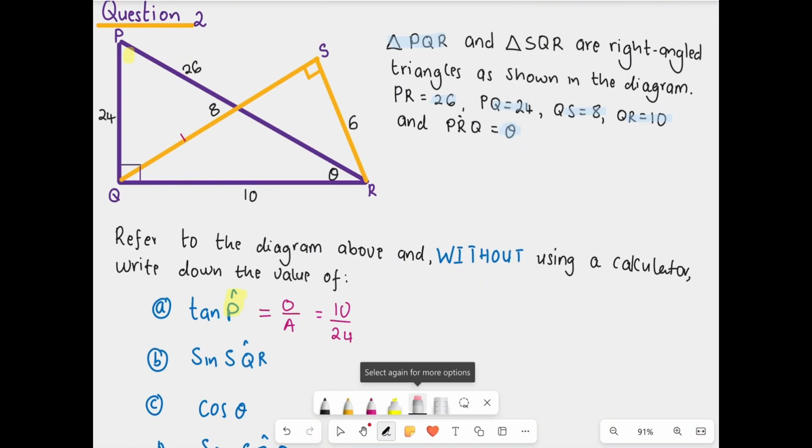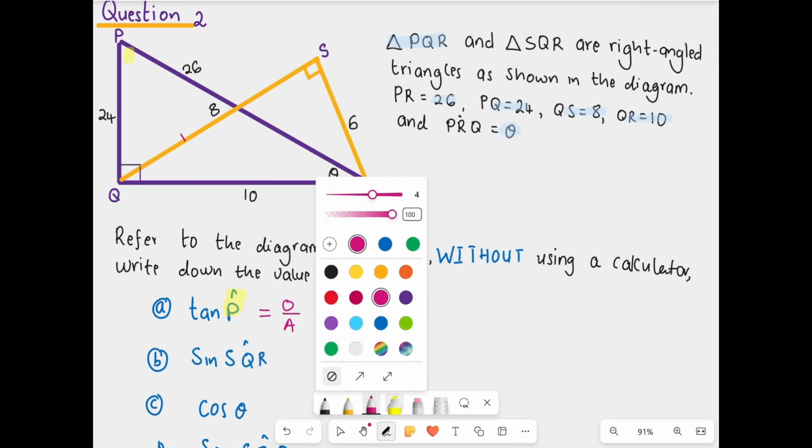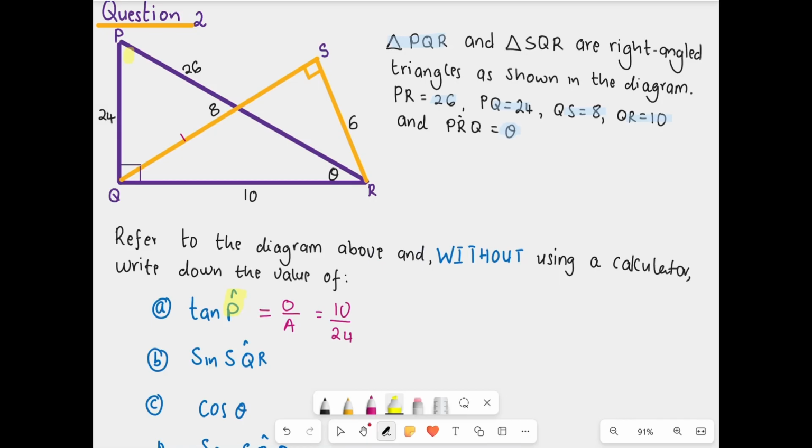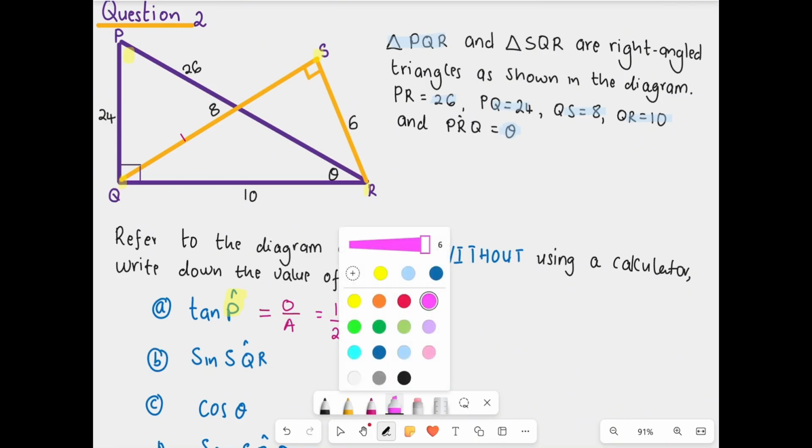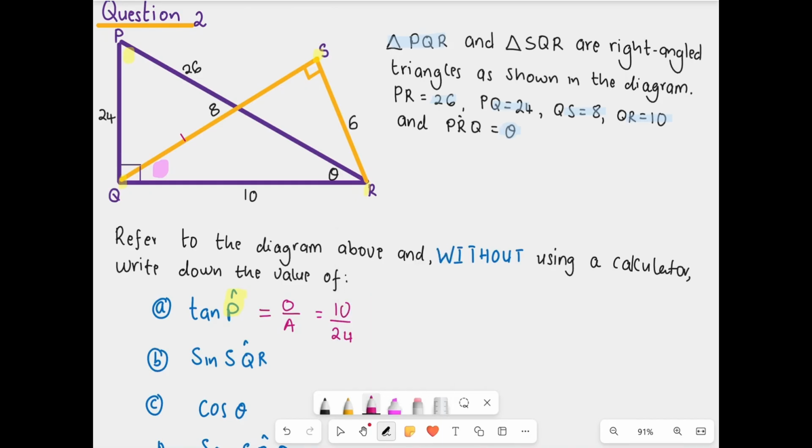The next question, we are looking for sine of angle SQR. So let's check angle SQR. Here is angle SQR. From angle SQR, we need to remember the definition of sine first. What is the definition of sine? The definition of sine is opposite over hypotenuse.